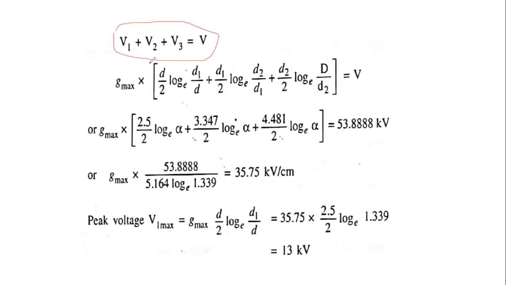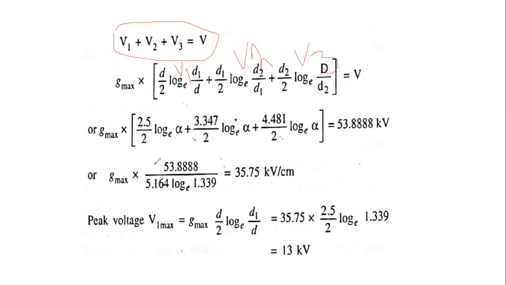V1 is equal to G max d by 2 log e d1 by d, V2 is equal to d1 by 2 G max log e d2 by d1, and V3 is equal to G max log e capital D by d2. These V1 plus V2 plus V3 give the total voltage.